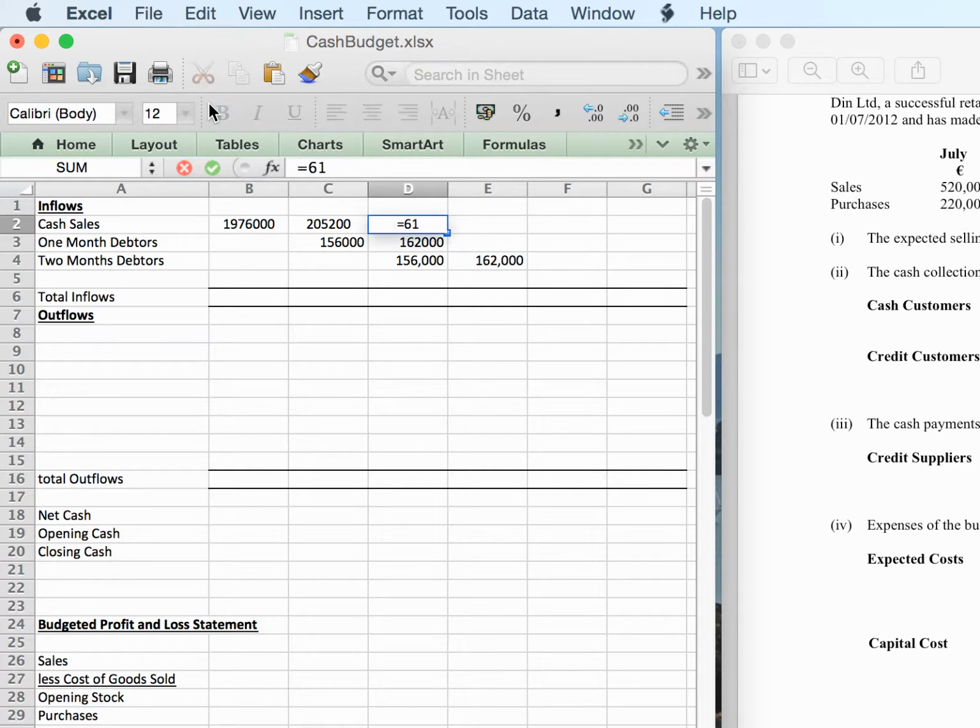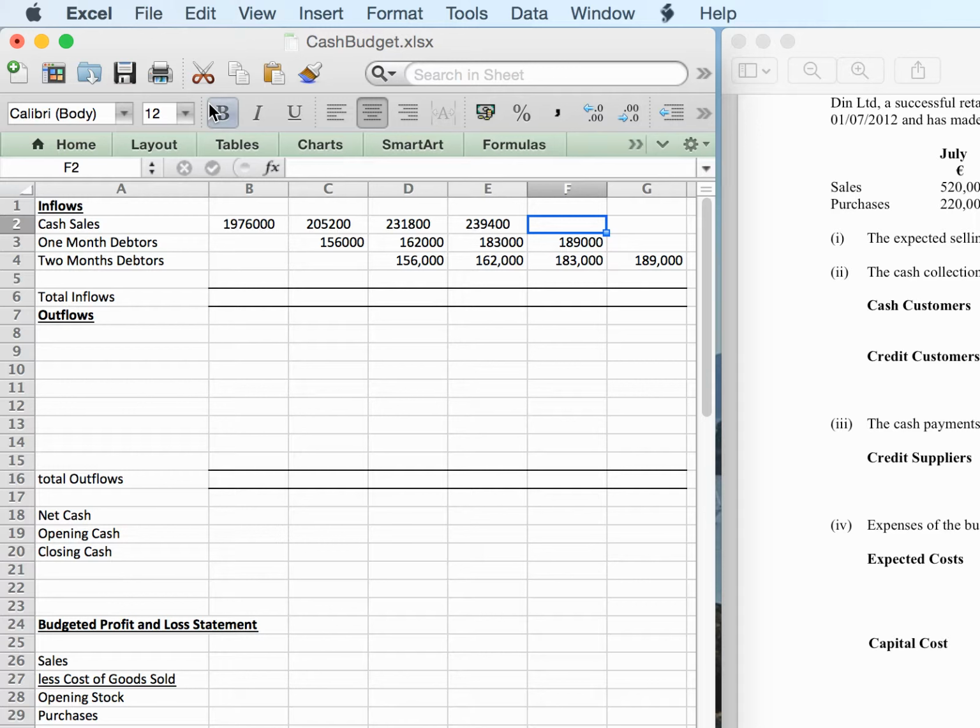Then we have 610 here, and 610 by 30%, and 610 by 30% again. 630, again by 30% and the same figure there.